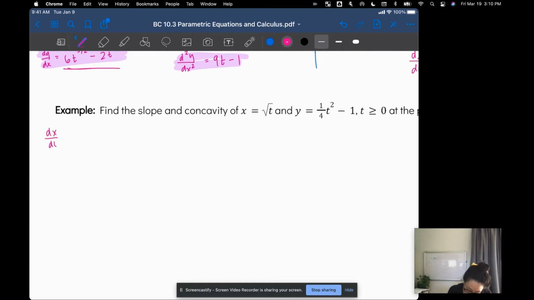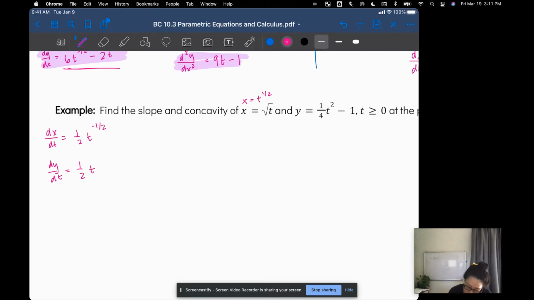But first, I'm going to write the derivative. So x is equal to t to the 1 half, so dx/dt is 1 half t to the negative 1 half. And dy/dt is equal to 2 times 1/4, which is 1 half, times t to the 1.